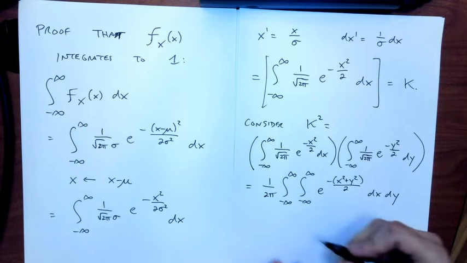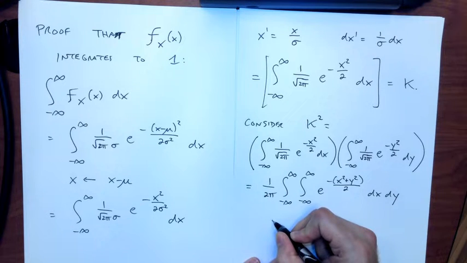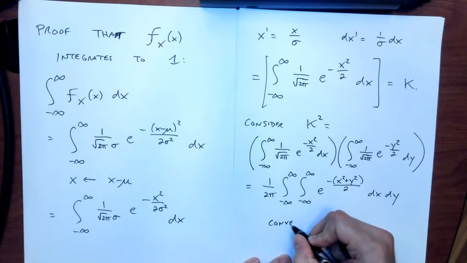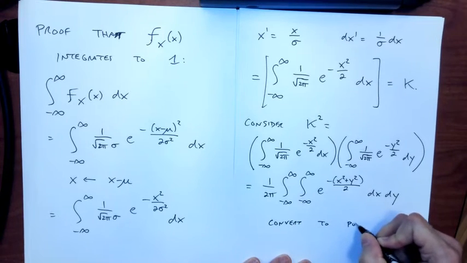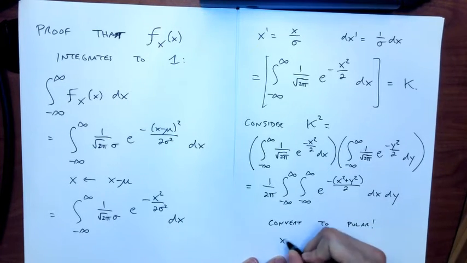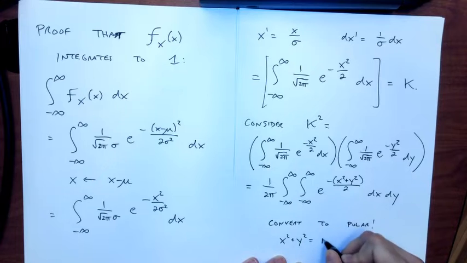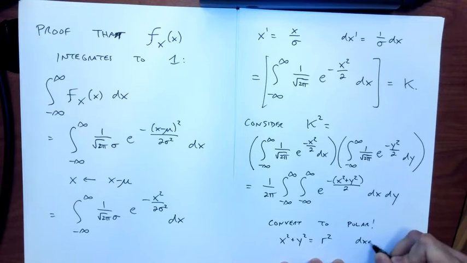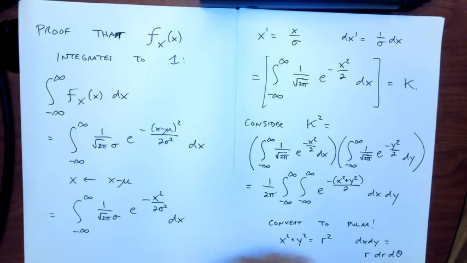So what I could do is I'm going to let x and y be polar coordinates. That means that x squared plus y squared is equal to r squared, and my dx dy becomes an r dr d theta.